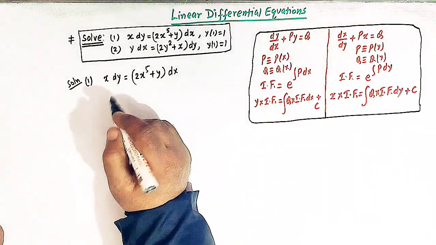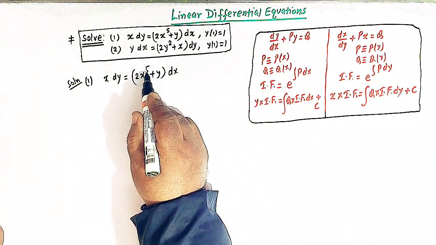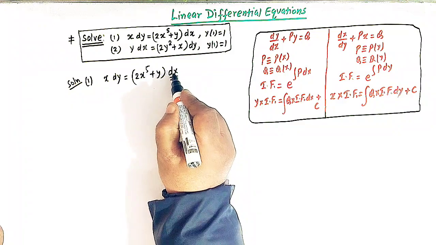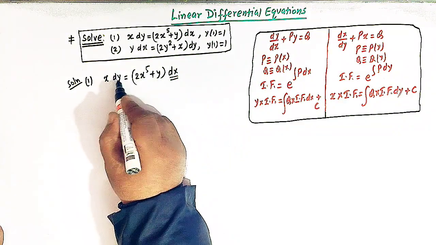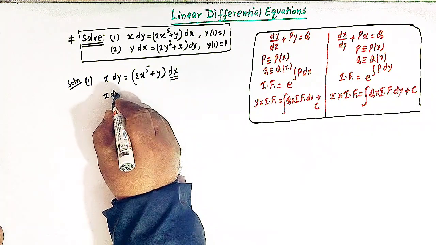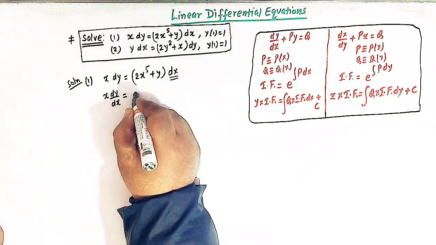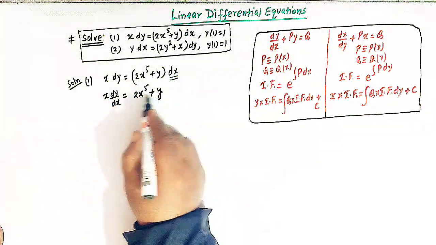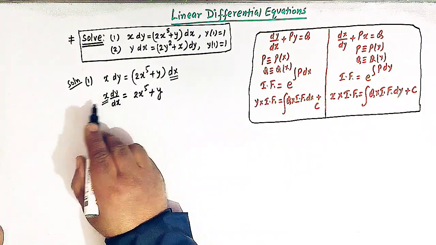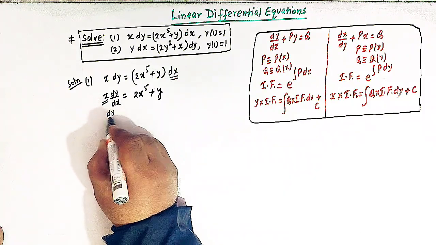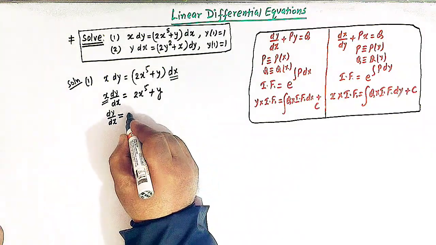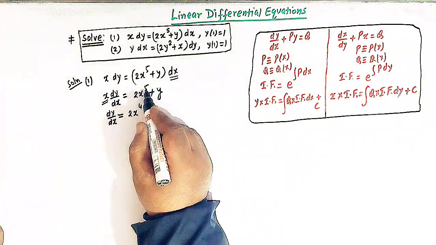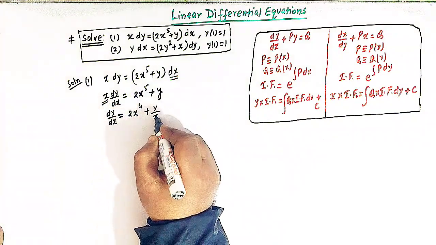So now here we have x dy is equal to 2x raised to 5 plus y dx. We'll take this dx in the denominator of dy. So we have x dy over dx is equal to 2x raised to 5 plus y. Now let us divide both sides by x. We have dy over dx is equal to 2x raised to 4, because one x gets cancelled, plus y over x.